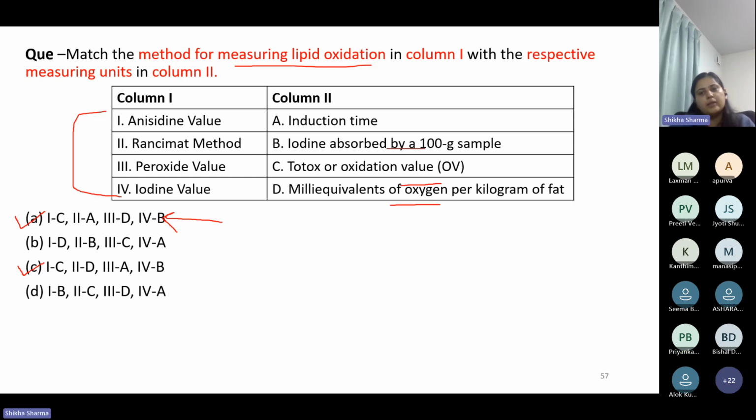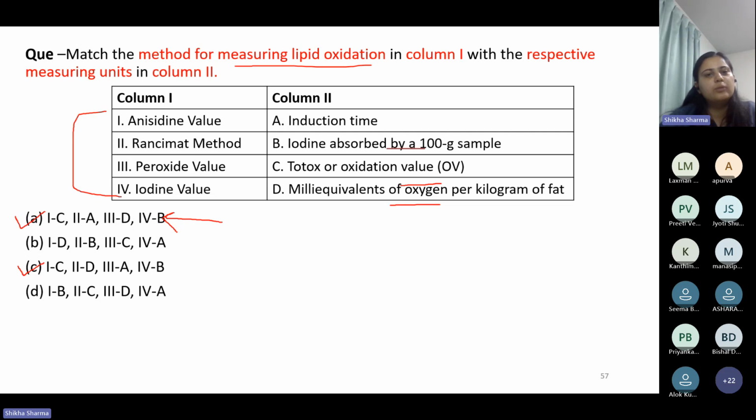Can anyone help her with the other two? Anisidine is the aldehyde level of oil. Okay. And rancimate. So those two are correct. Both of them are correct.